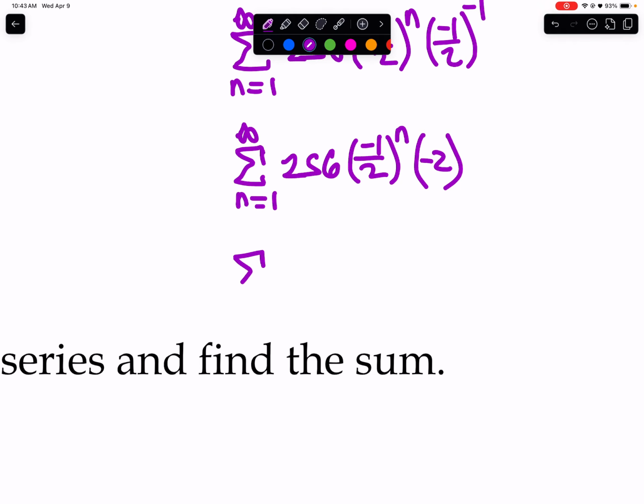So when I multiply, negative 2 times 256 is going to be negative 512, and then multiply that times negative 1/2 raised to the n.